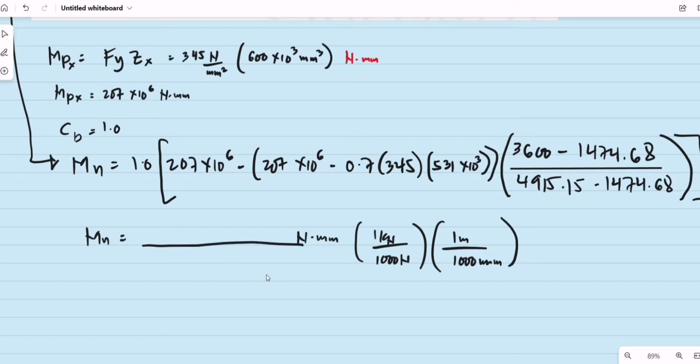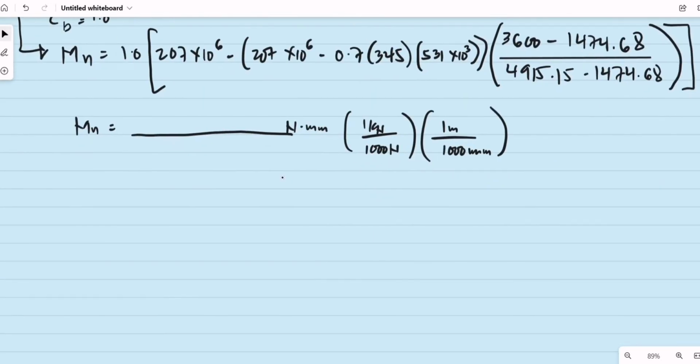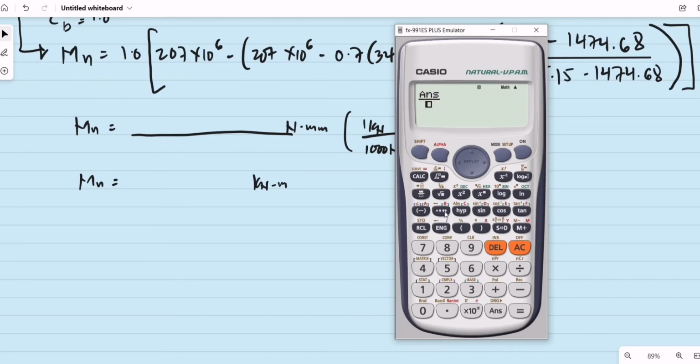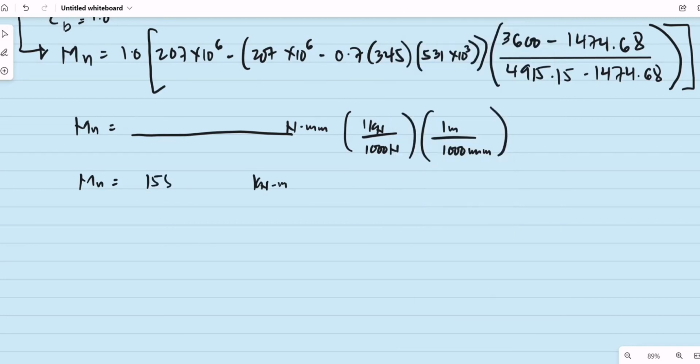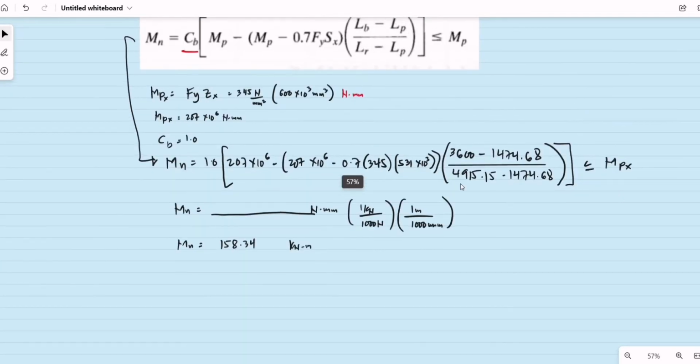So the computed value to be divided by 1 million will give us the value of M sub n with a unit of kilonewton meter. So this value to be divided by 1000 squared is 158.34 kilonewton meter. So that will be our nominal moment capacity.